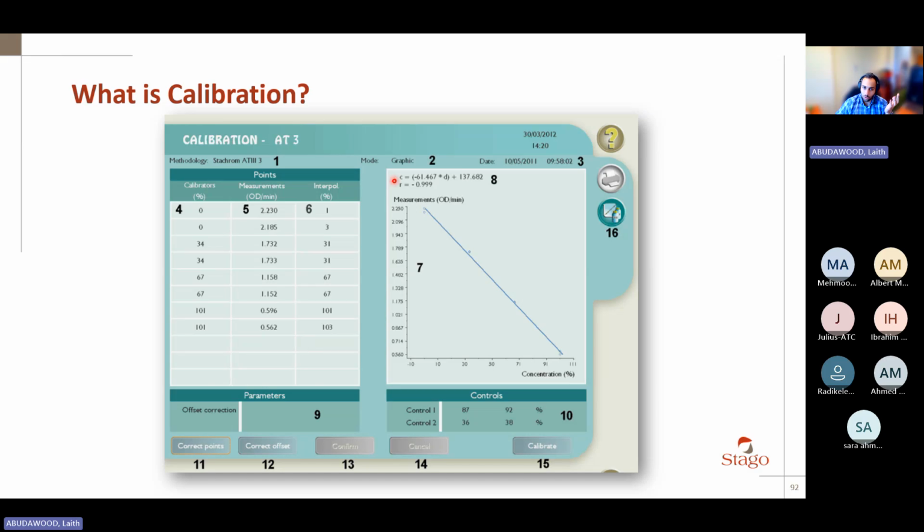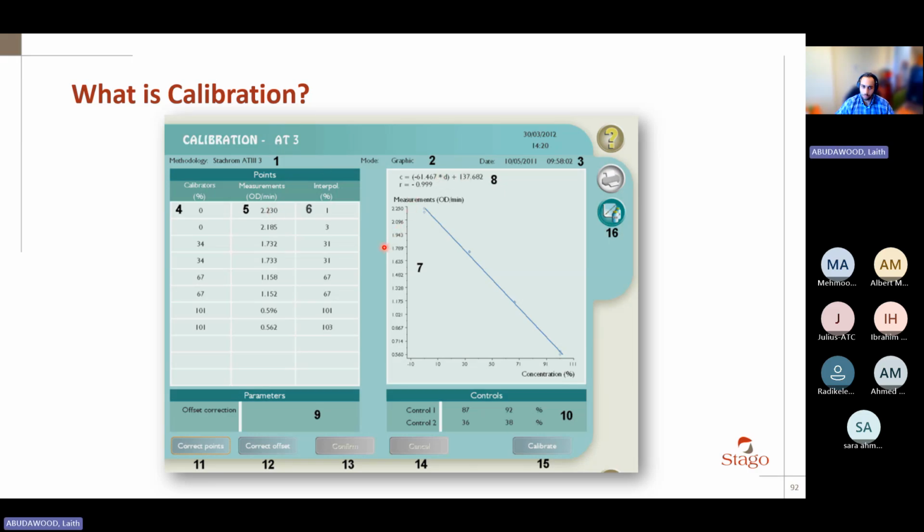I will use a formula that will tell me, next time you want to calculate the concentration C of antithrombin 3, just run the test and you'll get optical density D, then you multiply it by this number and then you add this number. Then you will get a value in percent. So the interpolated percent is the actual calculated value from this optical density if we use this formula.